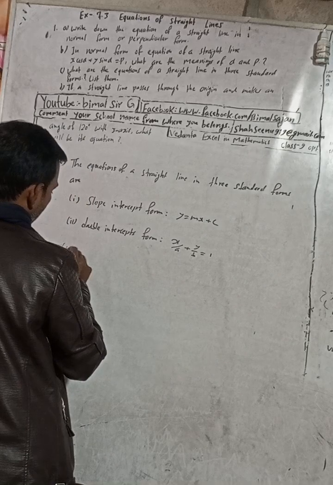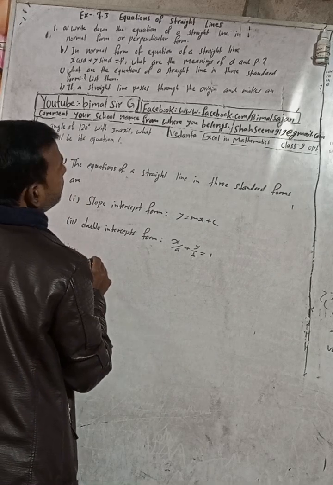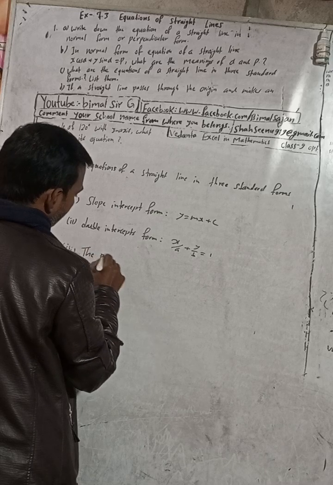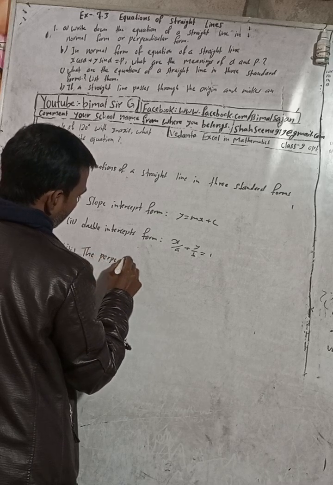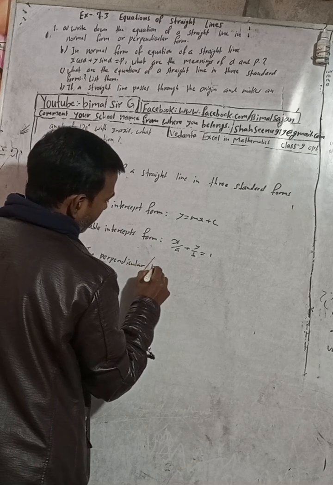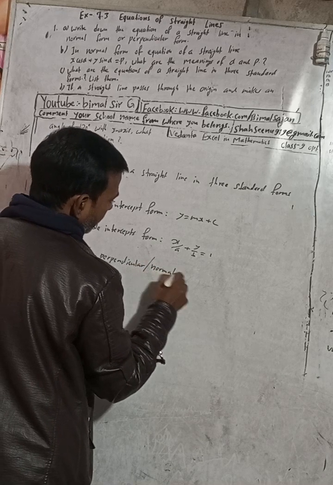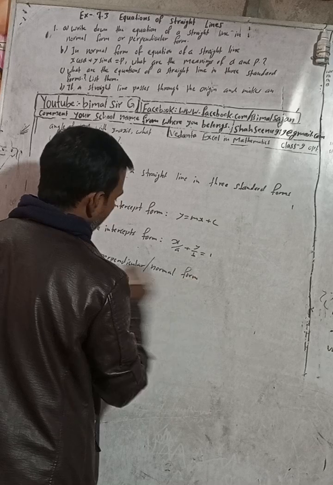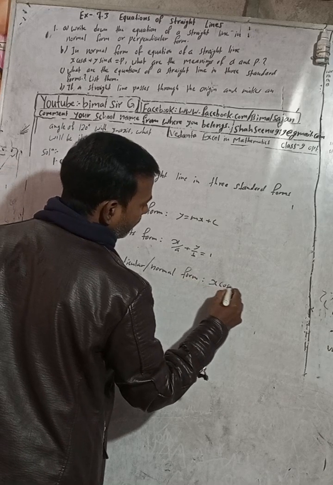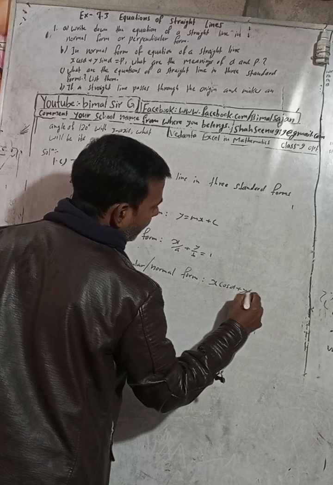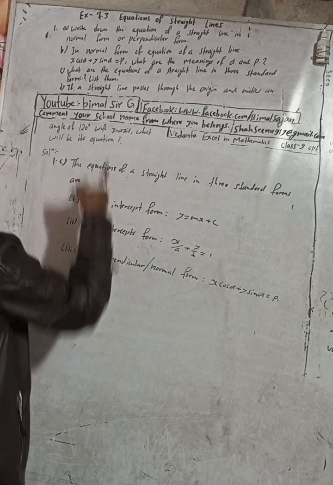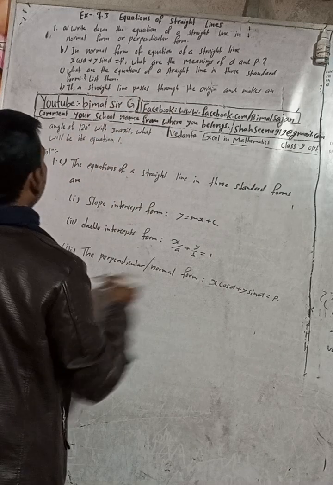And the third is the normal or the perpendicular form, the perpendicular and normal form are the same. So this is x cos alpha plus y sin alpha is equal to p. So these three are the equations of a straight line in three standard forms.